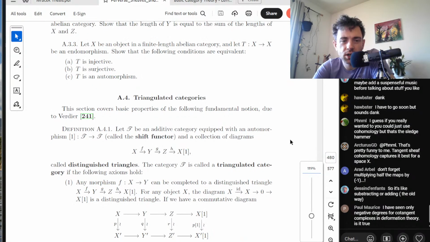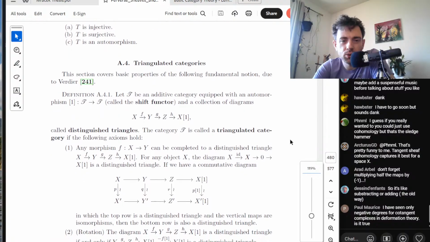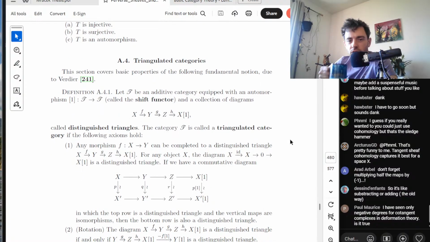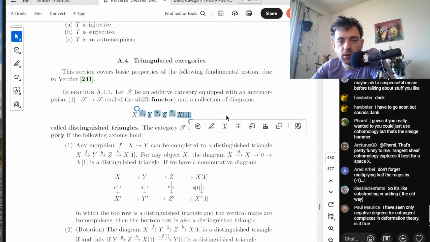Right. So here we also have, instead of exact sequences, what are called distinguished triangles.